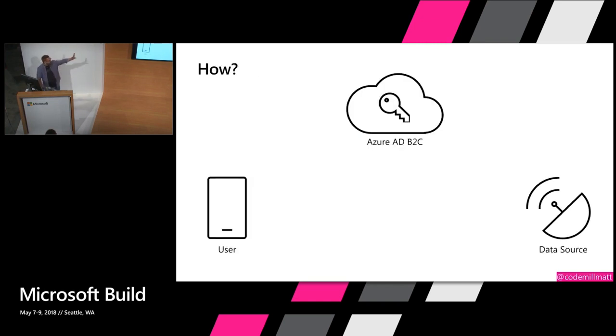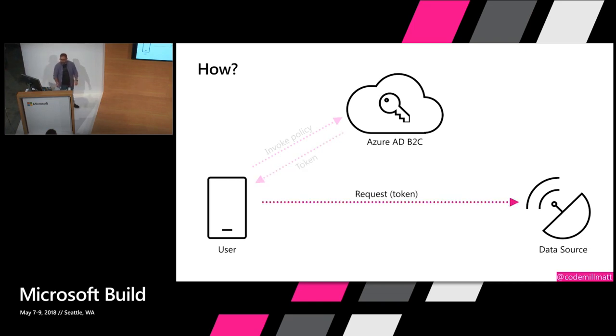I am going to have my user. I have my Azure AD B2C instance up in Azure Cloud, and I have my data source. So first off, I'm going to go and invoke a policy. I'm going to say, I want to sign in. From there, assuming I'm signing in correctly, I get a token back.